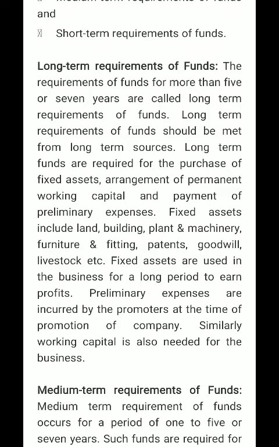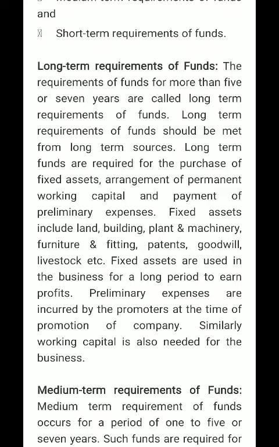Long term requirements of funds means the requirements of funds for more than 5 or 7 years. Long term requirements of funds should be met from long term sources.